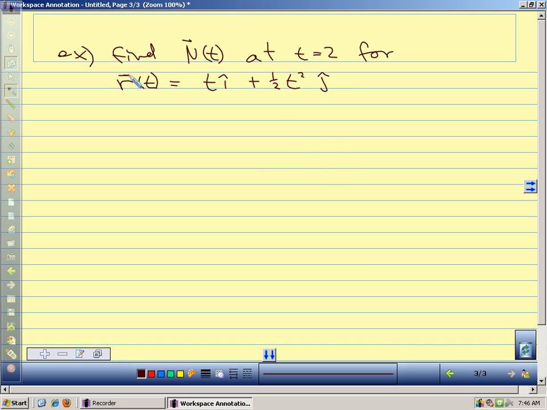So for the normal vector, is that only in 2 dimensions? No, it's 2 or 3 dimensions. It works for any vector.